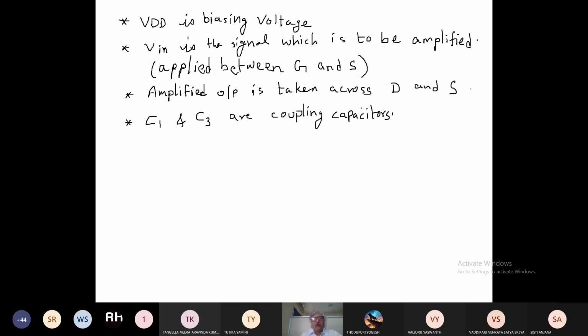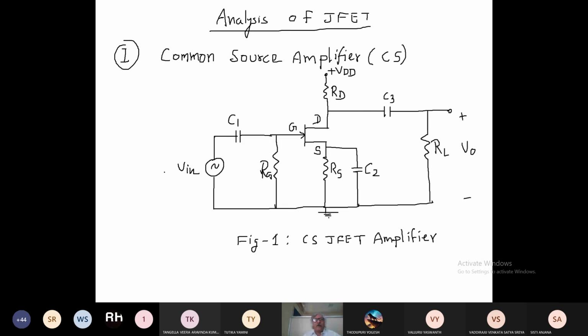Right. So see, the meaning of coupling capacitor here is, this is C1. V in is an AC voltage source. So this C1 will allow the AC voltage source to pass through it, right? Whereas you see here this DC voltage source VDD, it will be blocked by this C1. C1 will not allow it to pass this side, right?